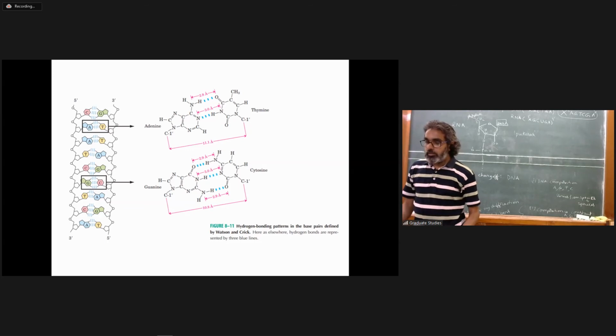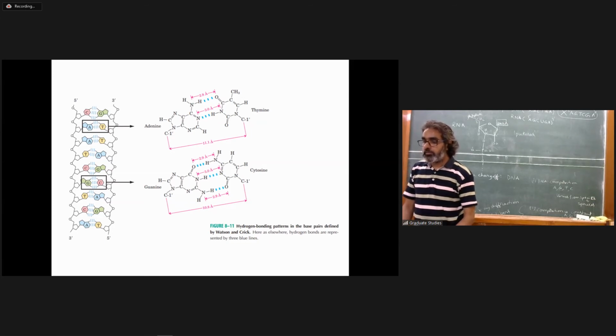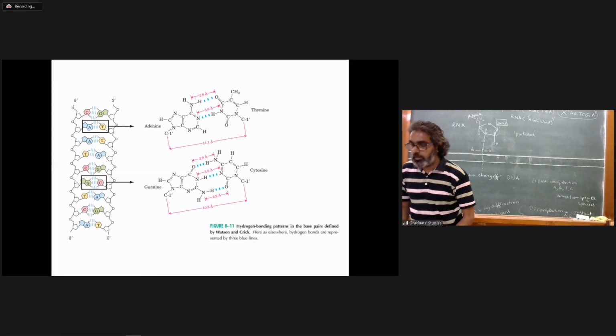With GC, GT and AC, there is something called a triple helix, where a third strand can come and form hydrogen bonds. Then you will have a totally different architecture.